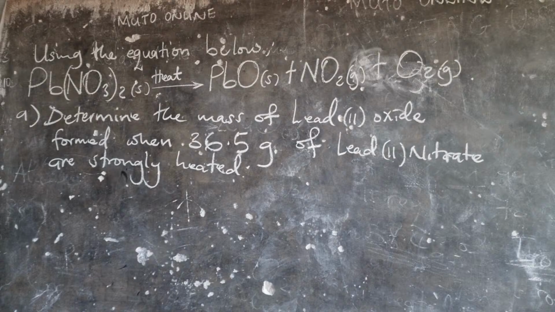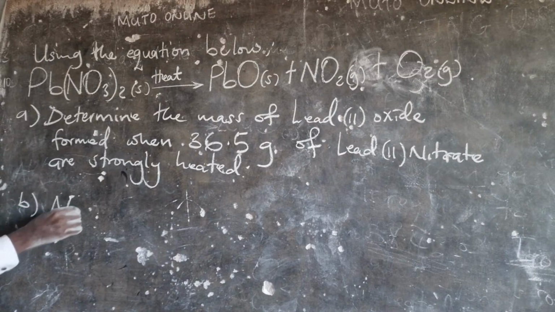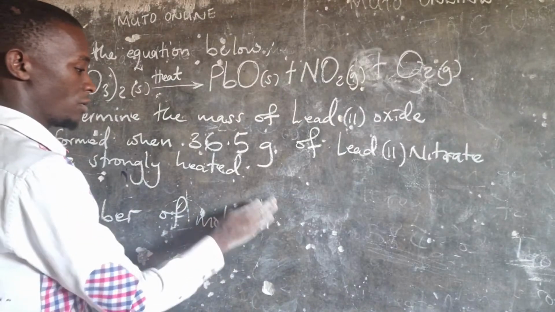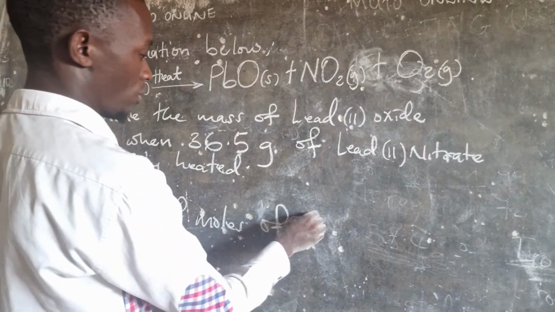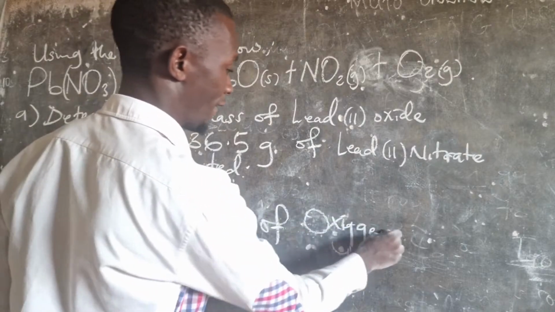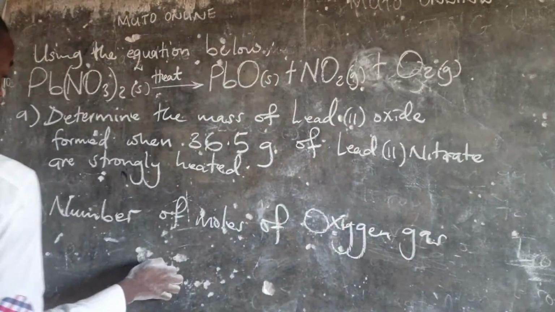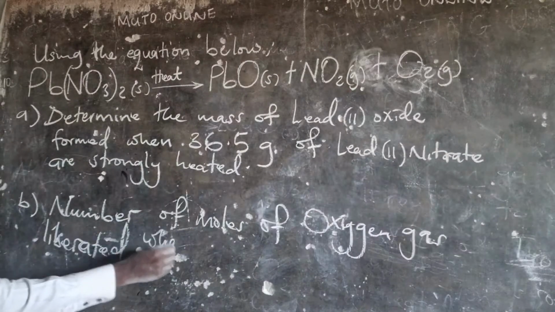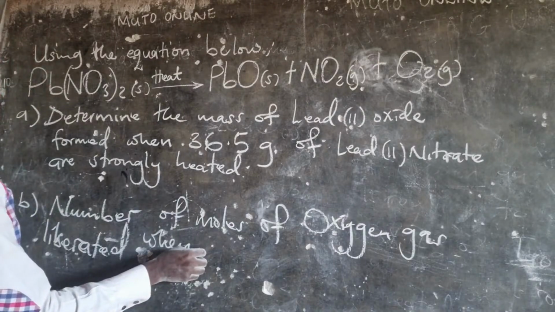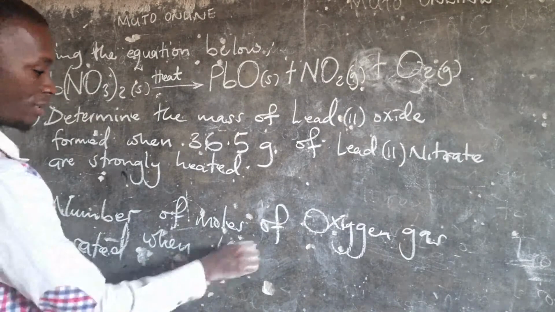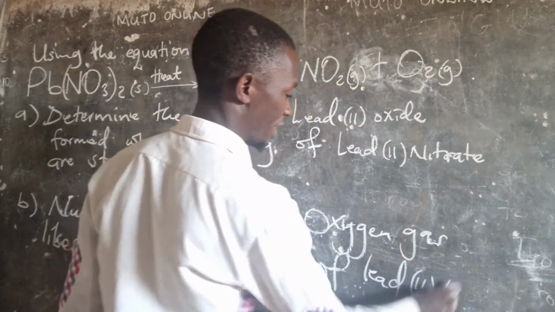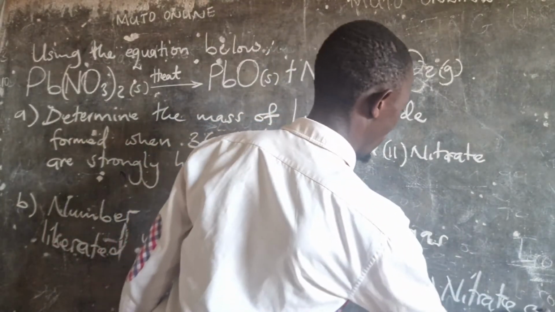You're going to get for me the number of moles of oxygen gas liberated when 106.5 grams of lead 2 nitrate are heated.